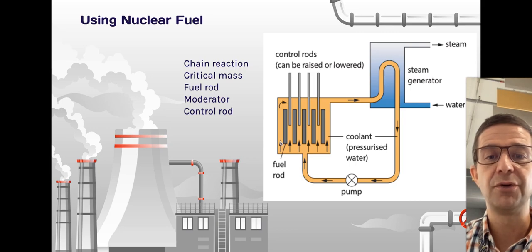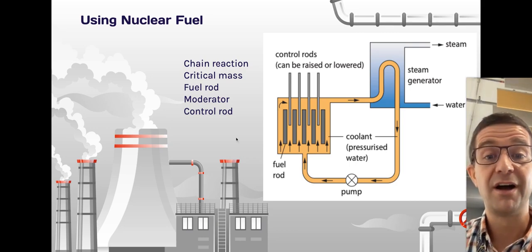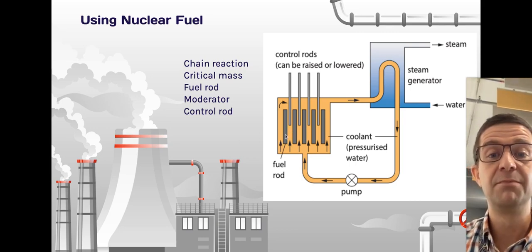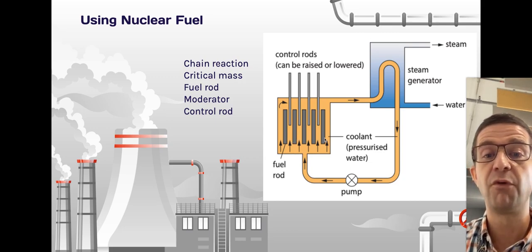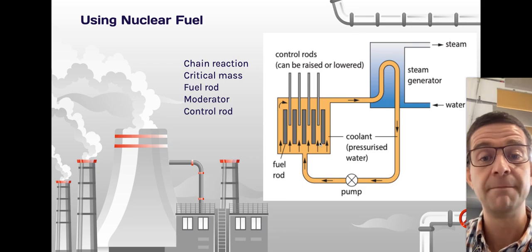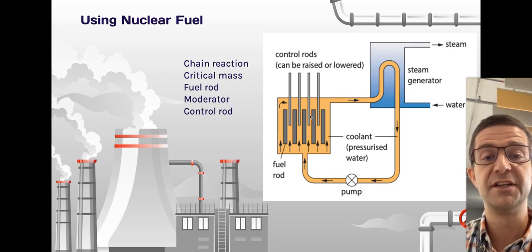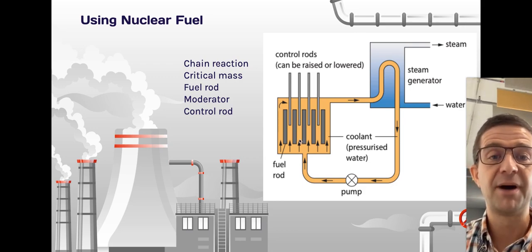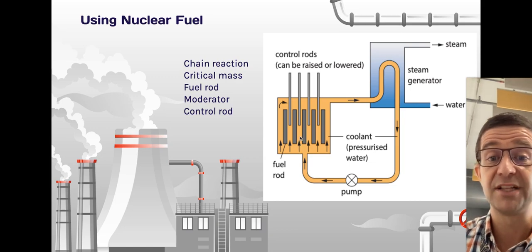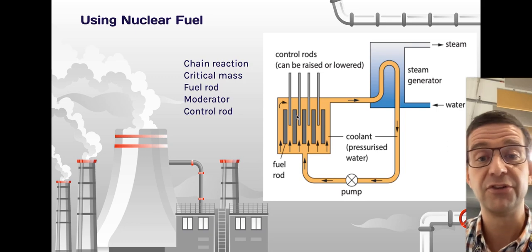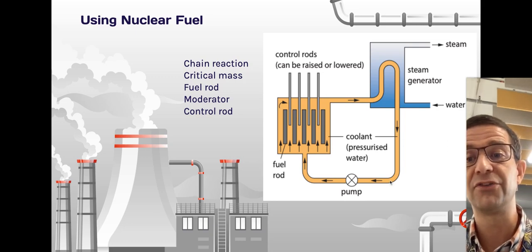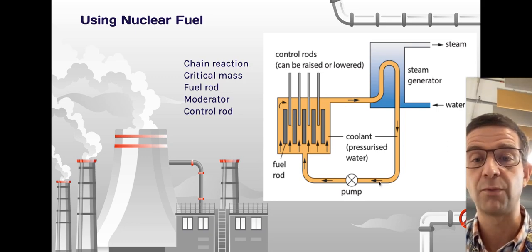And they need to bounce off a few other nuclei to slow down a little bit, transfer away some of their energy before they interact with another fuel rod, so that they can cause another fission reaction. So the moderator is important to slow down the neutrons to allow fission to take place. And in the process of slowing down those neutrons, it absorbs the energy that goes into the steam generator as well.